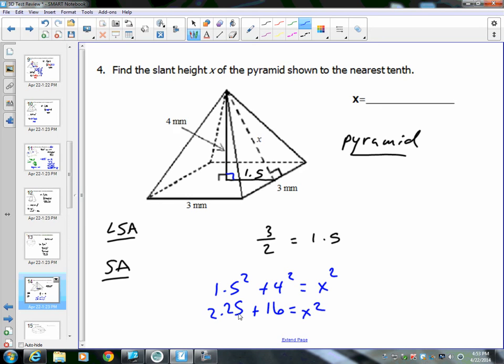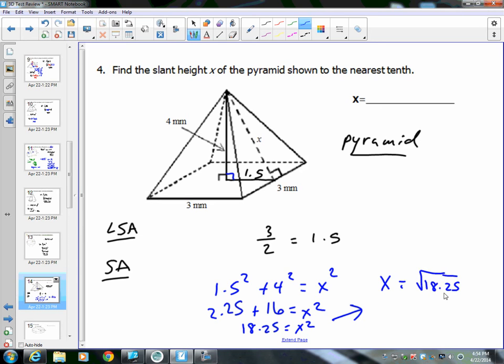Now we can add these together, 16 plus 2.25, and we get 18.25 is equal to x squared. To get rid of the squared, x is equal to the square root of 18.25.